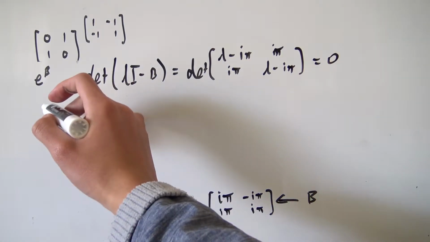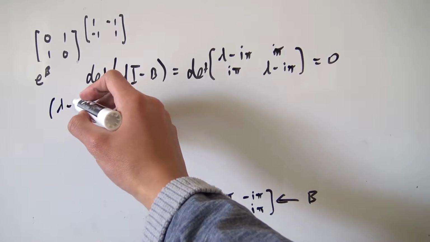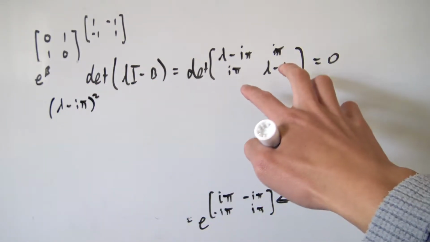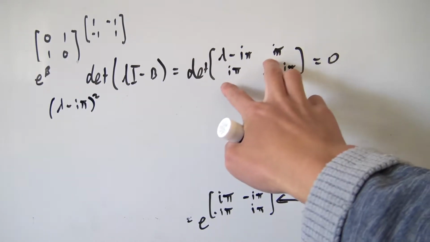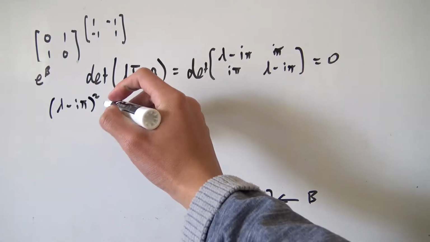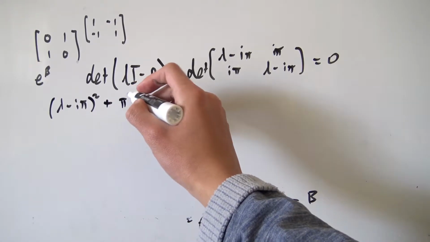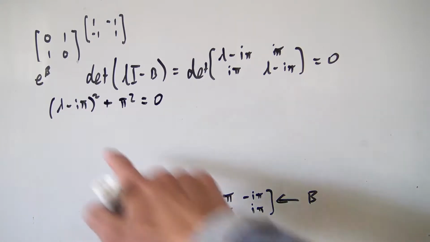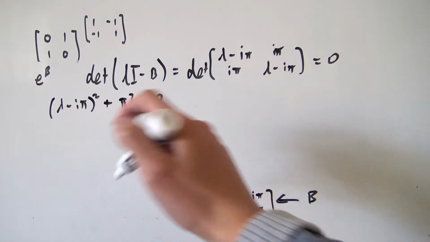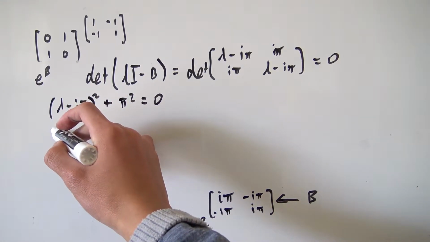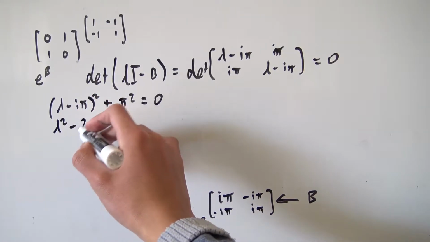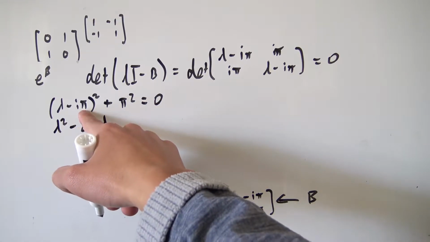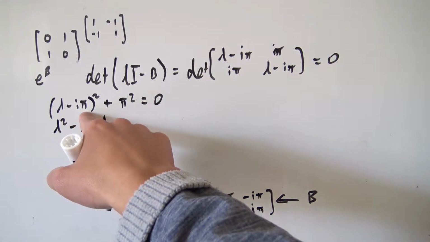So taking the determinant, AD is lambda minus i times pi squared, and then we want to subtract this whole thing squared, but notice i times i is negative 1, so we're going to add pi squared to this and solve where that equals 0. So from here to solve for lambda, we're going to have to expand out this whole thing right here. So this is lambda squared minus 2i pi lambda, and then we have a plus i squared pi squared.